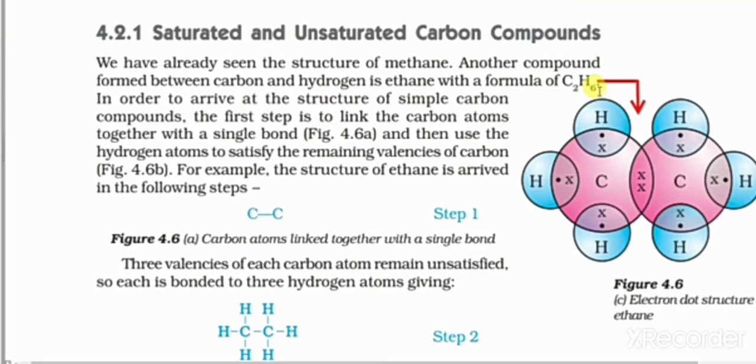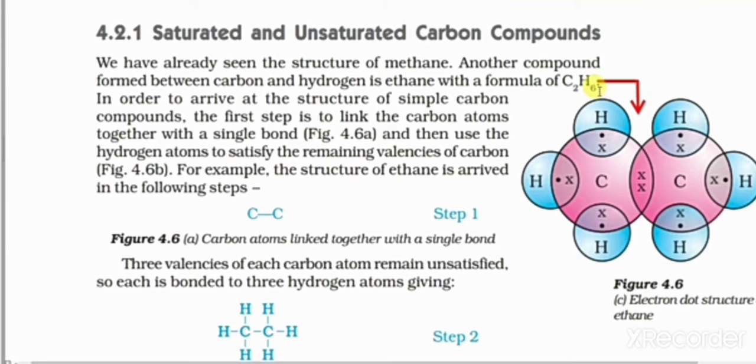In order to arrive at the structure of a simple carbon compound, the first step is to link the carbon atoms together with a single bond and then use hydrogen atoms to satisfy the remaining valency of carbon. What will happen if two carbon atoms are joined?